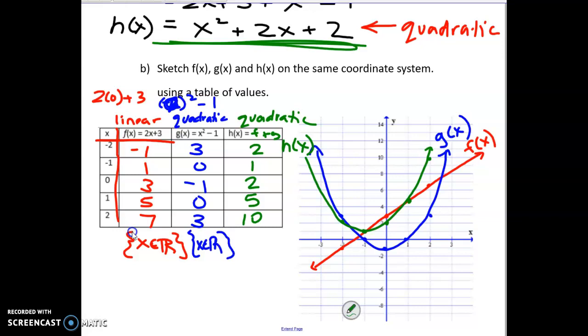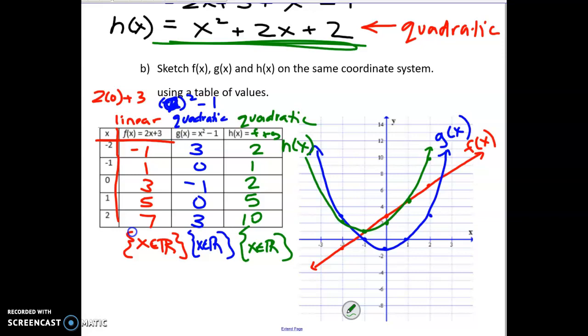Now, how these domains work is if the first two are element of reals, when I add them together, it's still going to be an element of reals. So what's going to happen is I'm just going to take whatever domain is common between the first two domains. So again, f of x and g of x were both an element of reals, so h of x will also be an element of reals.